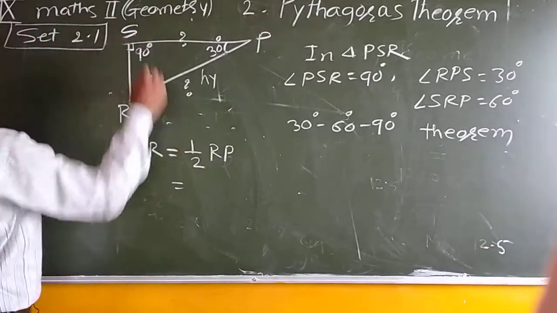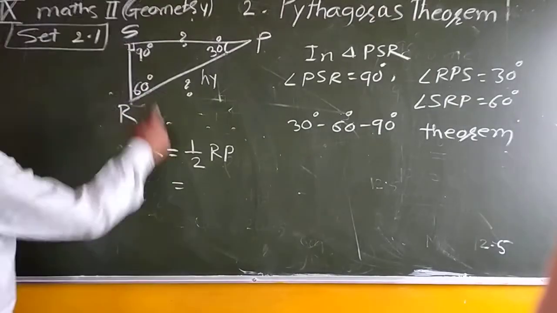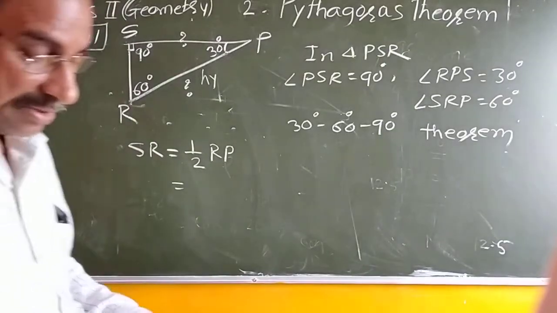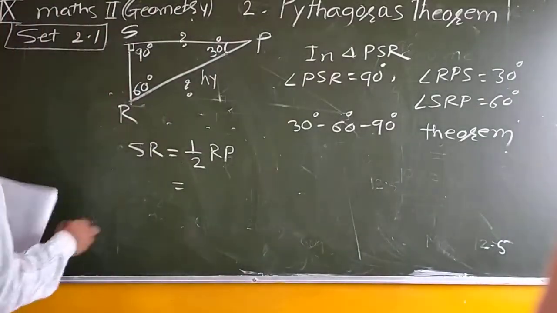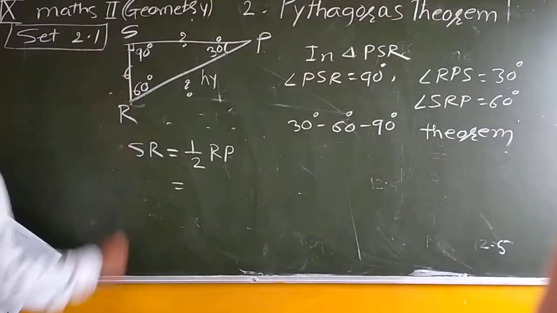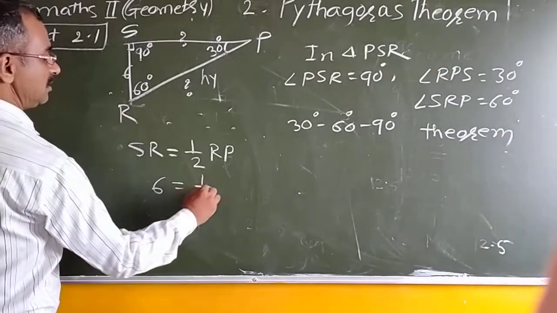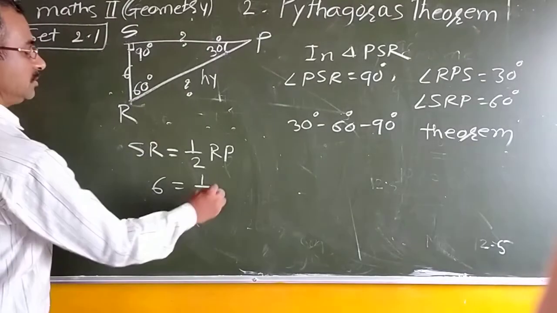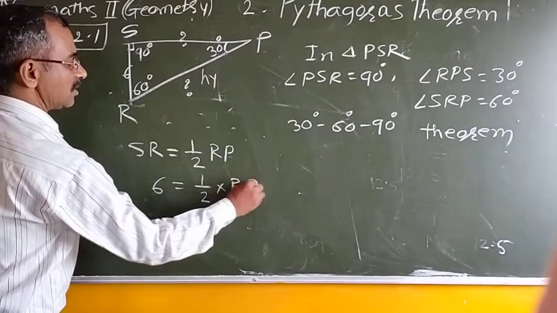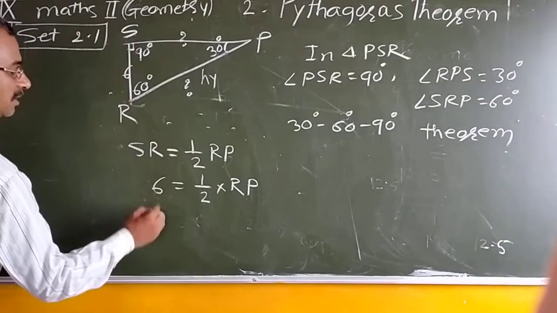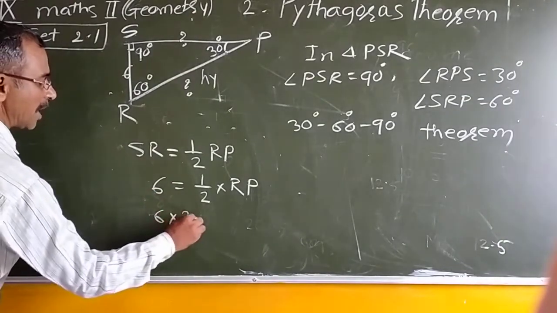The value of SR is given as 6. So 6 is equal to 1/2 into RP. These two get divided, so it comes to the left-hand side and gets multiplied, 6 into 2/1.